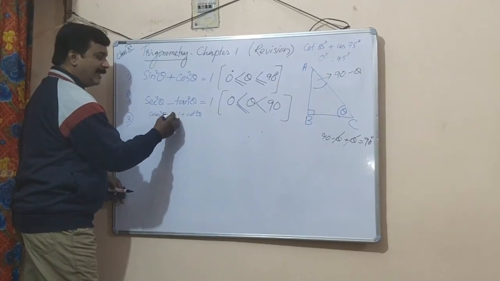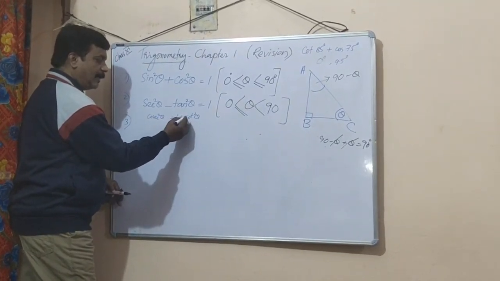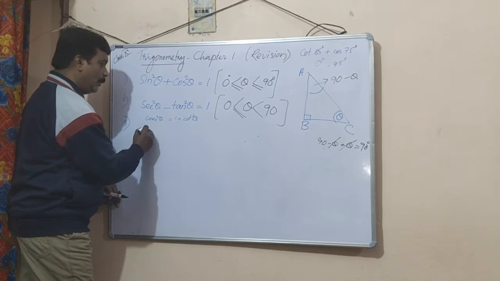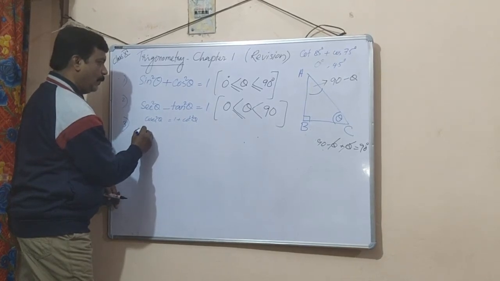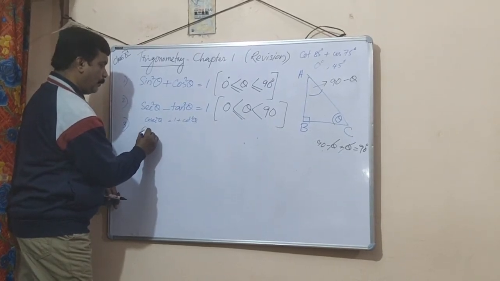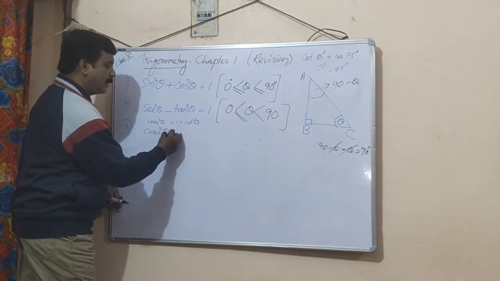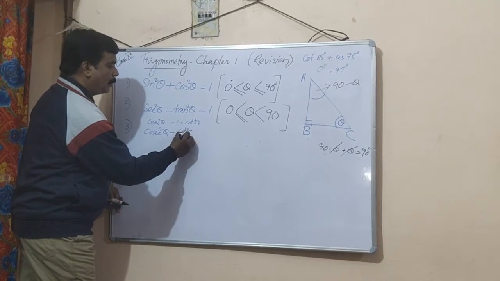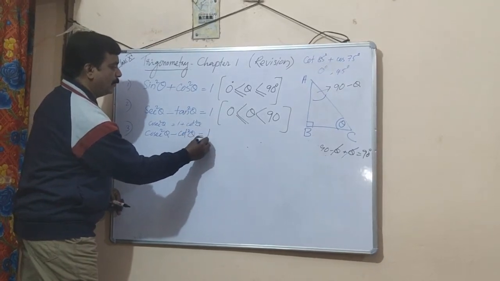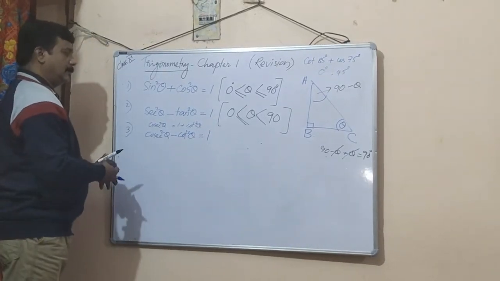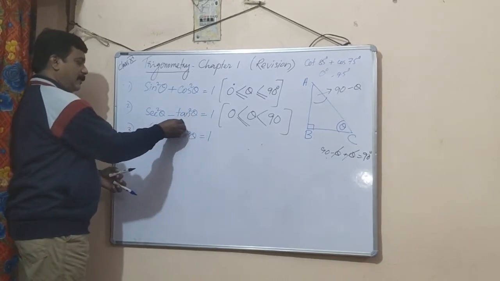See the connection. So now rearrange it. Making rearrangement. Cosec squared theta minus cot squared theta, that's equal to 1.